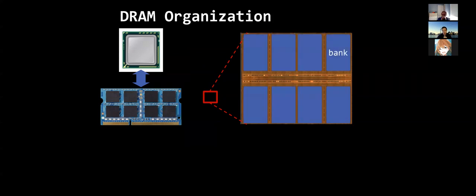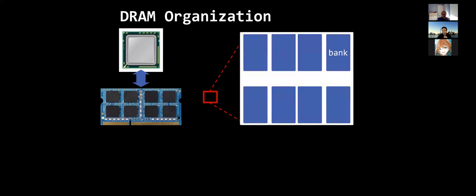Those pieces are not randomly there. They're called banks, and they're there for parallelism, right? To allow you to read from multiple parts of DRAM at the same time. If you look inside of an individual bank, what you have there is a structure called the mat.